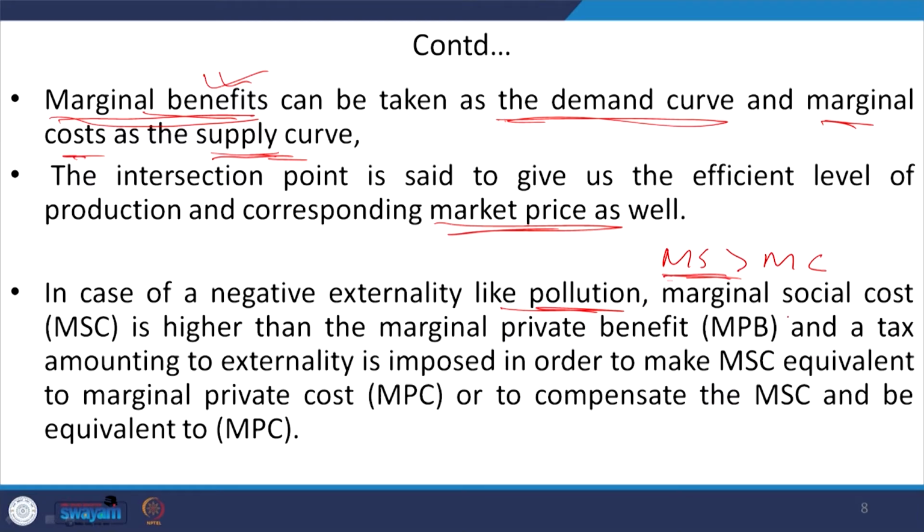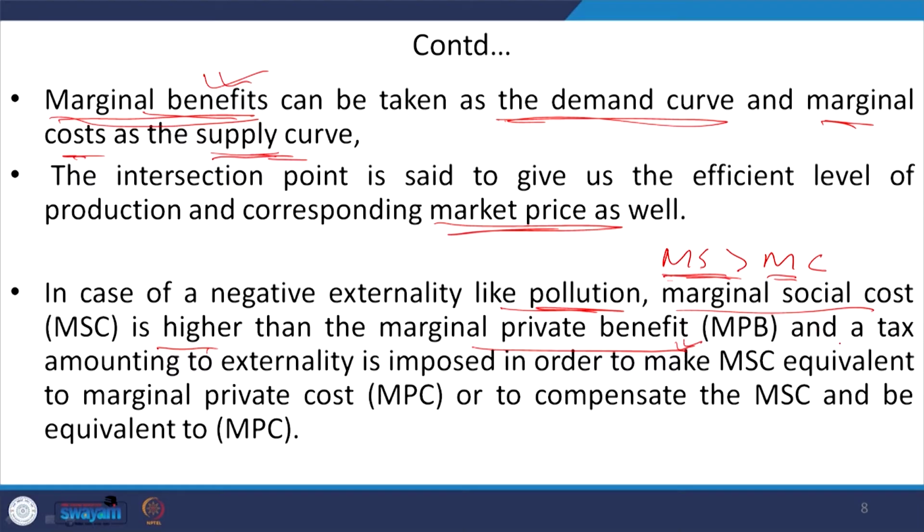So, in this context the marginal social cost is higher than the marginal private cost, and the marginal private benefit is what the farm gets by producing more and more output and generating more and more pollution.